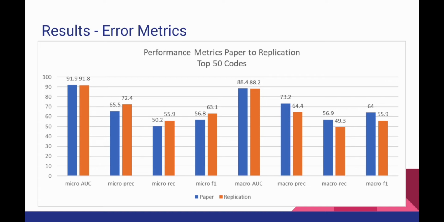The macro performance metrics are typically used for datasets with more class imbalance, and the top 50 ICD code dataset is indeed class imbalanced. The most frequent code occurs over 3,000 times, while the least occurring code occurs around 400 times. This class imbalance would place greater credence on the macro measures and would make sense why the paper outperforms a replica, as it has many more epochs to tune on.